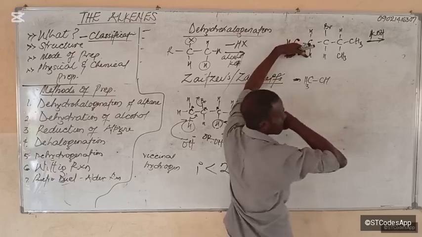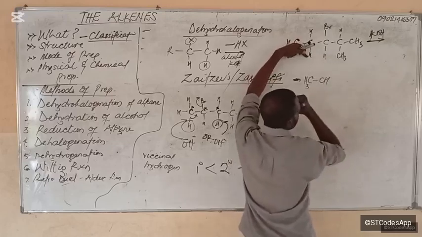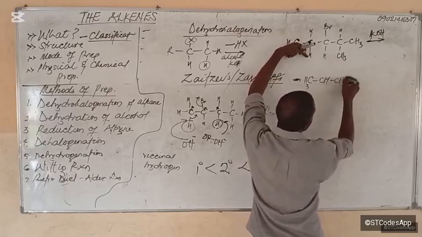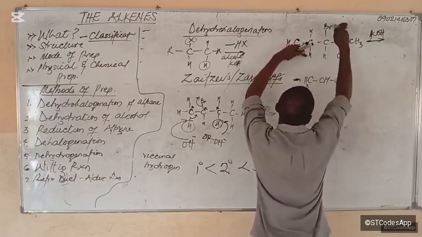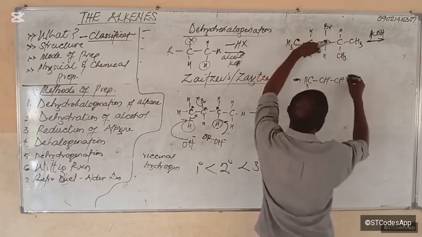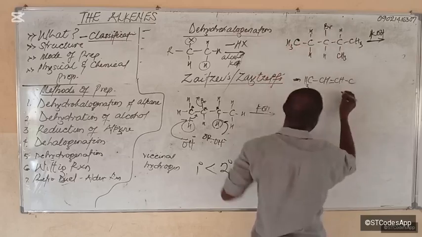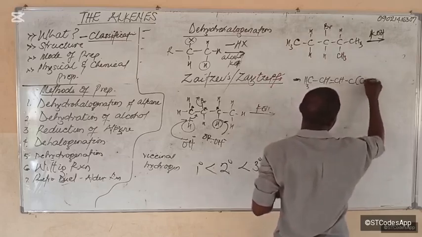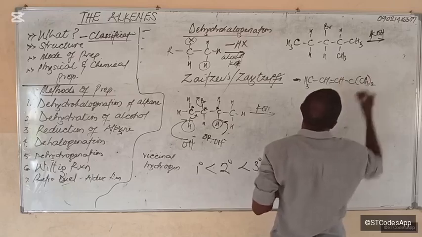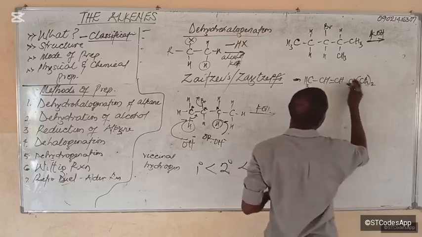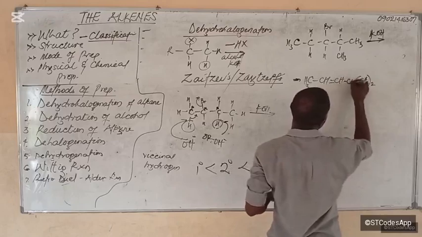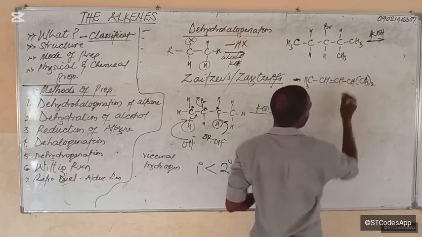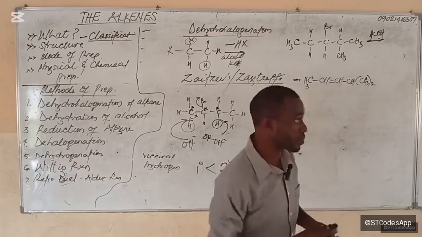So we have CH also, then C double bond, then C, CH3, CH, CH3. So this is the first product, this is the first possibility.